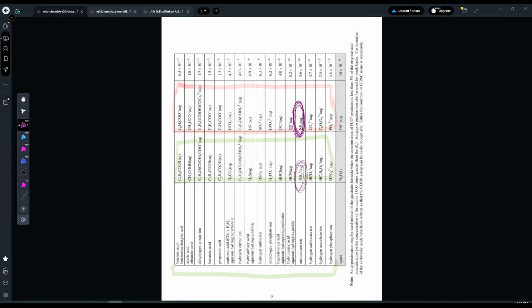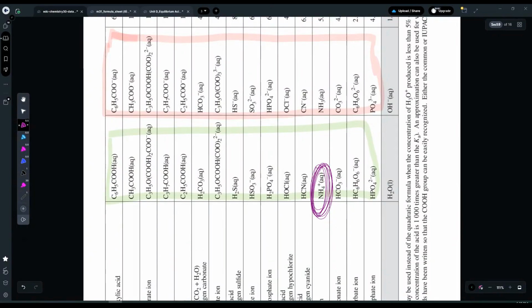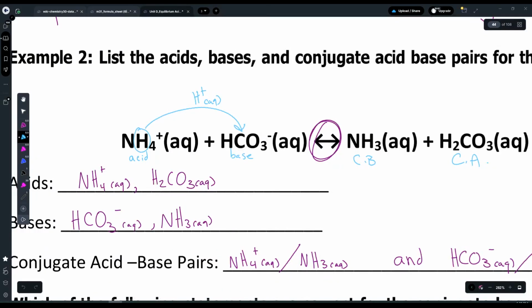Ammonium is right here, and that's the only place where it shows up. For hydrogen carbonate, we see it here as well as here. Since ammonium only shows up in the acid column, that's how you know for sure that hydrogen carbonate is your weak base. The moral of the story is we use the equilibrium arrow because what's reacting is a weak acid and a weak base.